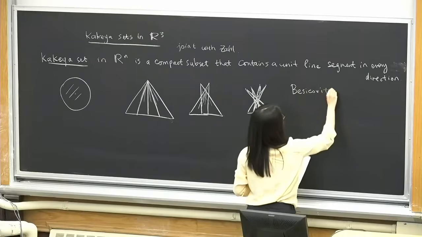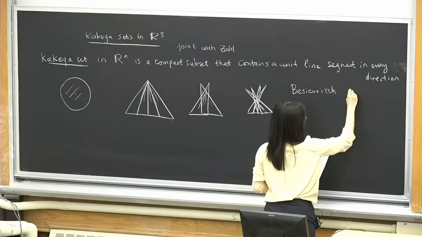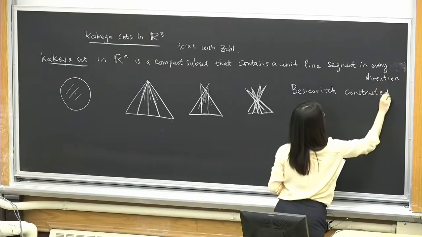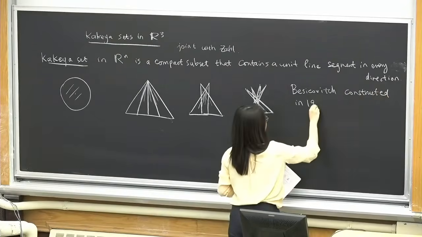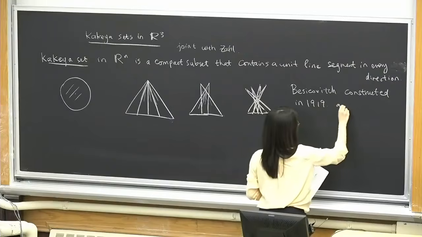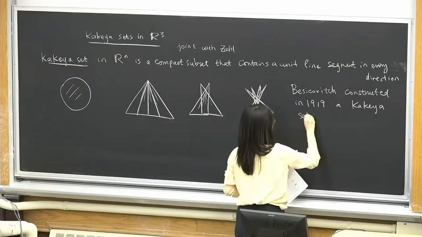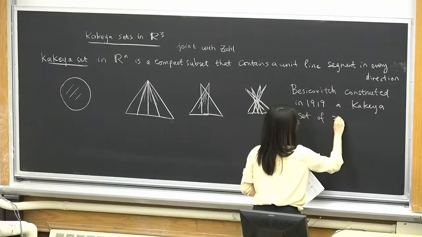was constructed by Professor Besicovitch in 1919, a Kakeya set of zero Lebesgue measure.